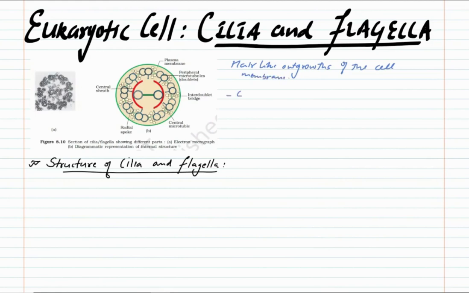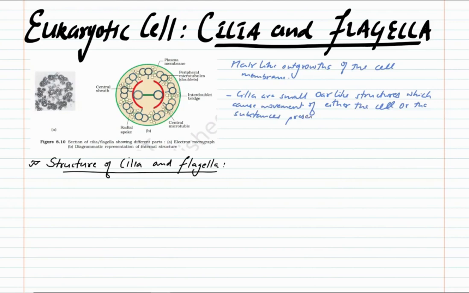Cilia are small structures which work like oars, causing the movement of either the cell or the substances present around the cell.